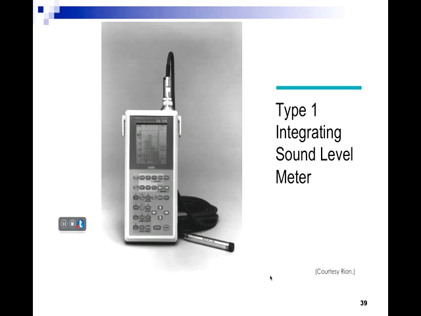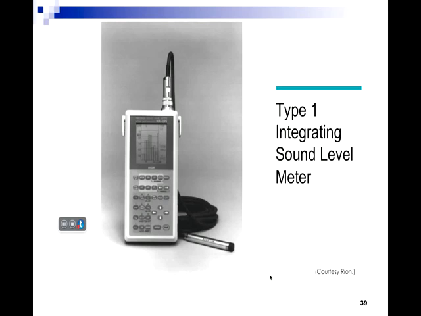And the last is an integrating sound level meter. This uses octave band analysis, and why these are particularly useful is that certain sound sources are not going to be equal across the frequency spectrum. They may be very loud at 4,000 hertz and very low at 500 hertz.